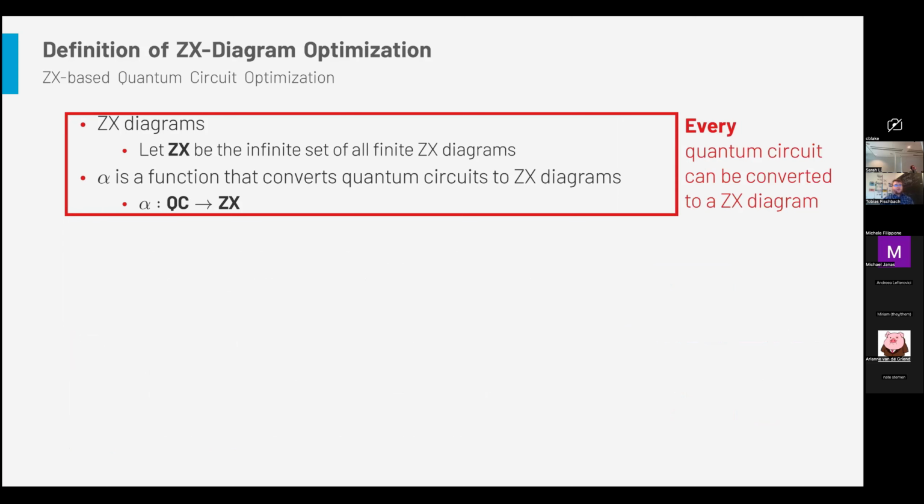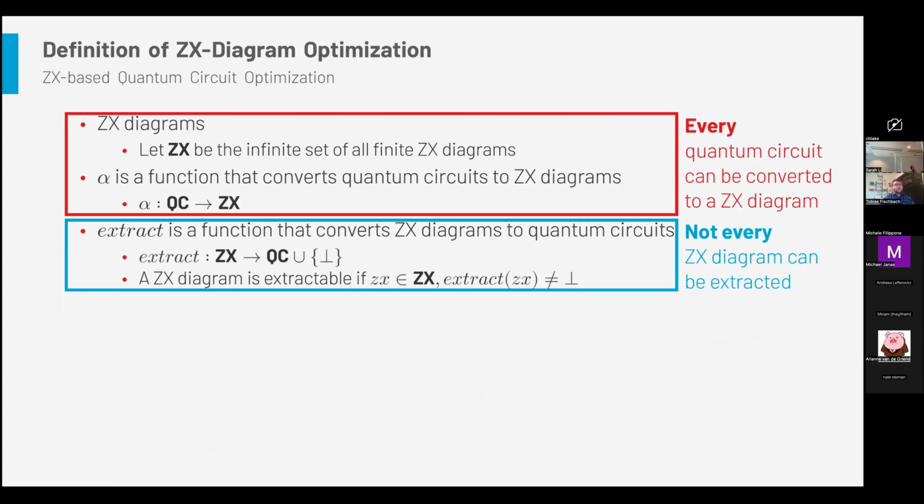We call it here alpha. And then, on the other hand, we also need an extract function. For this extract function, you see, we map the special symbol to it in addition to just a set of quantum circuits. That's the reason that, as I will recall later, not every ZX diagram actually is an extractable quantum circuit.